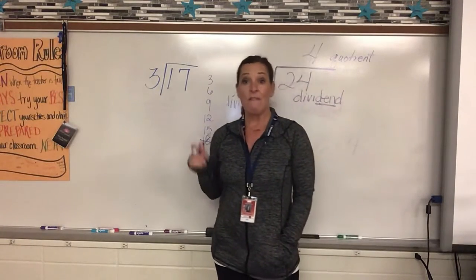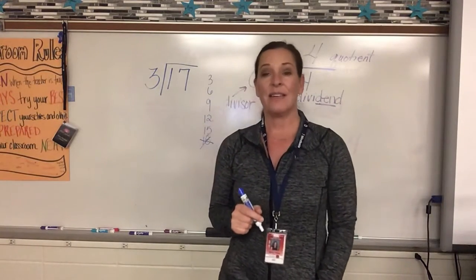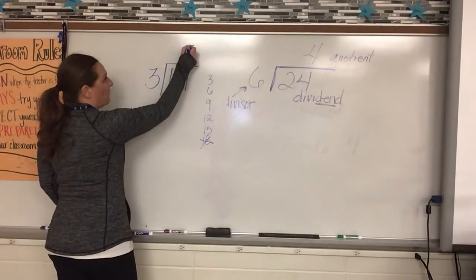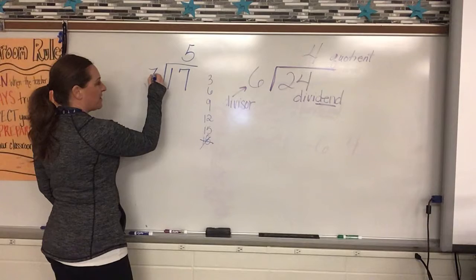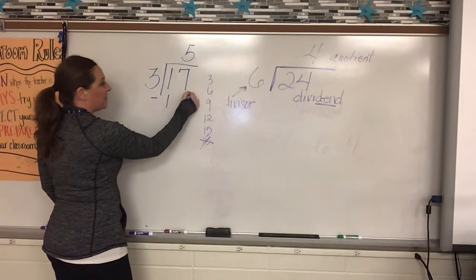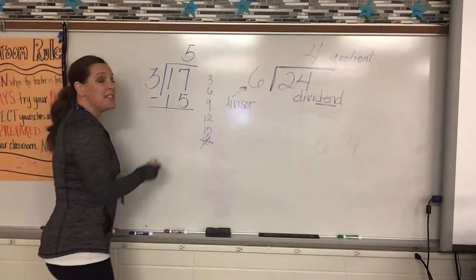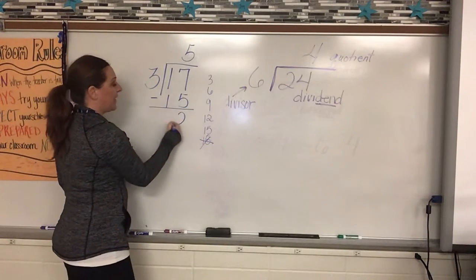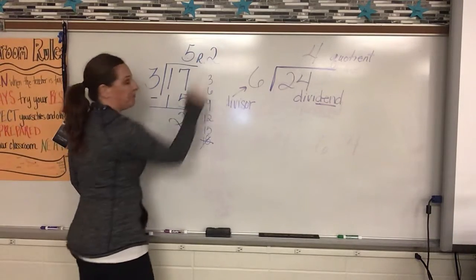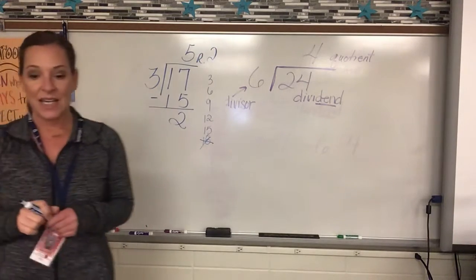I can make 5 groups of 3 to get close to 17. So I put my 5 up above in my quotient, multiply these two. 5 times 3 is 15. I subtract 15 from my dividend and I get 2. 2 is my remainder. All right.